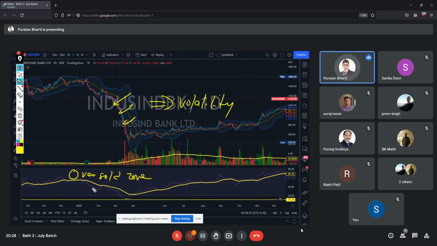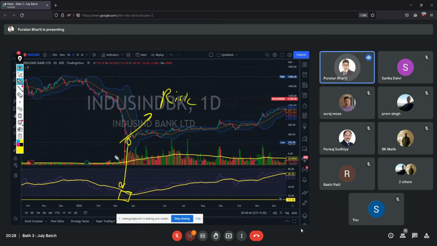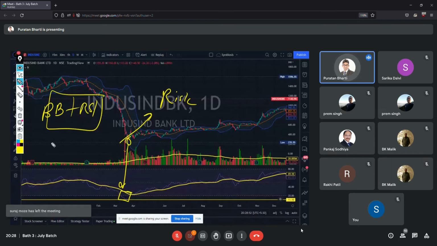Anything below 30, especially 25, 15, these are oversold zones. So if you know that this is an oversold zone, would you not be willing to take a risk here at these levels? This is what a smart investor would want to do, rather than blindly trading.